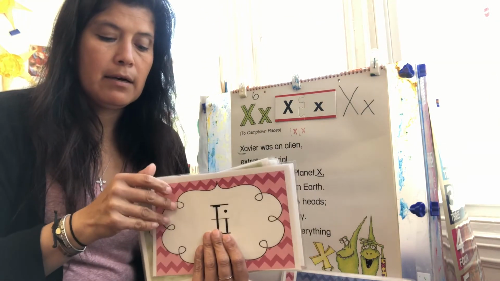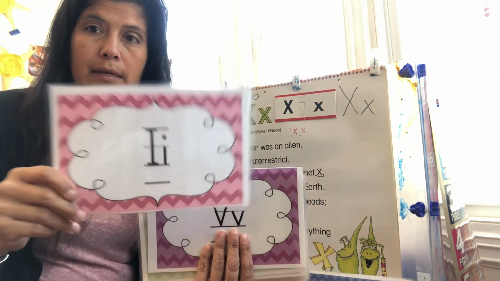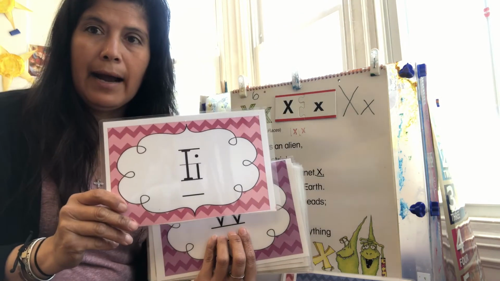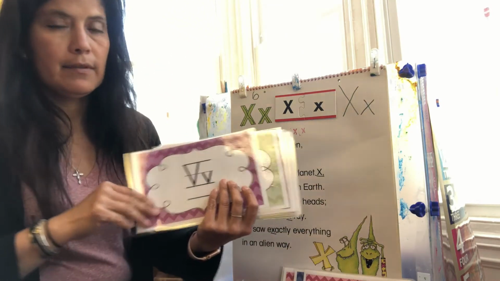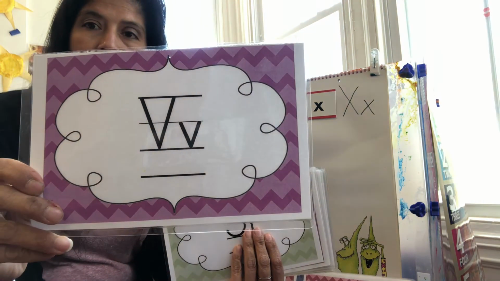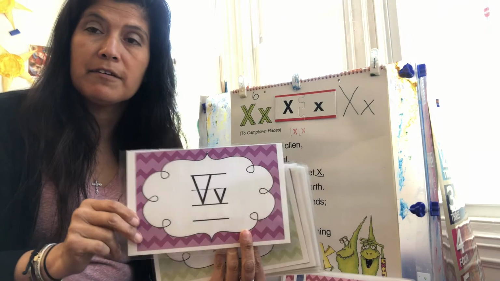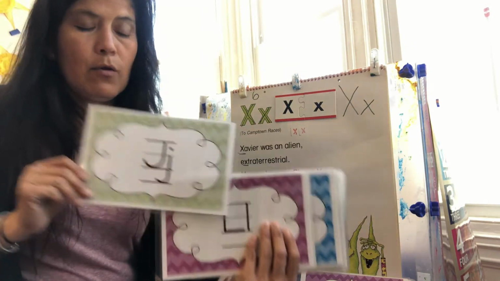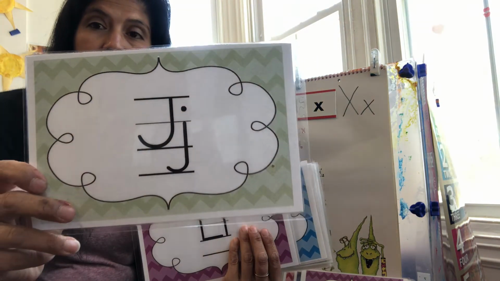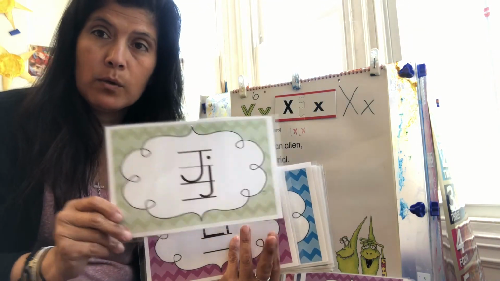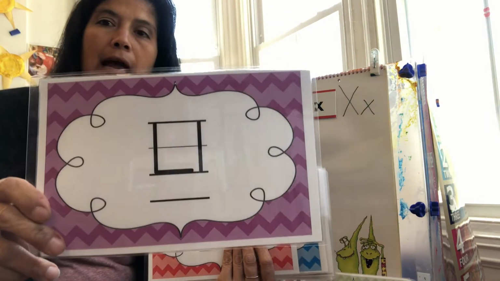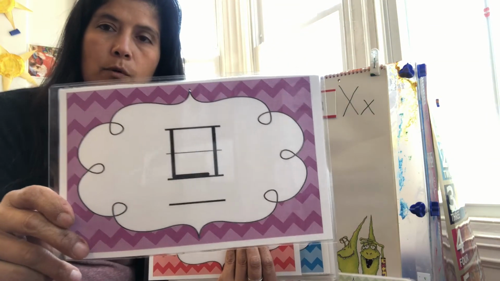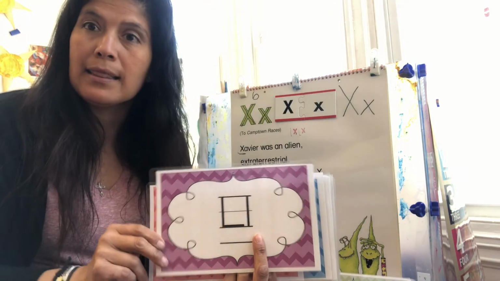We have the letter I for ice cream or icicle. We have our letter V, V for vacuum, violin. We have our letter J, J for jump or jaguar. We have our letter L, L for lollipop or lion.